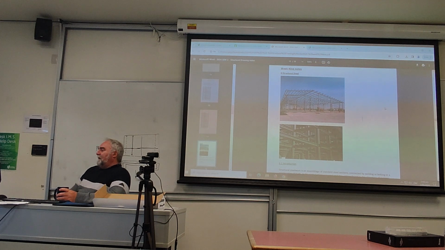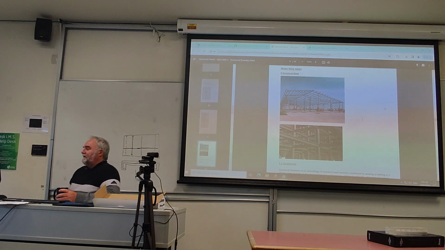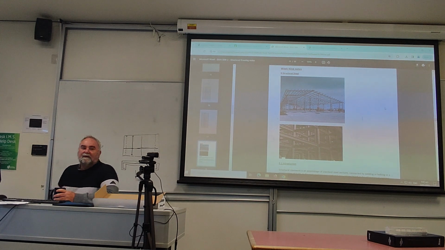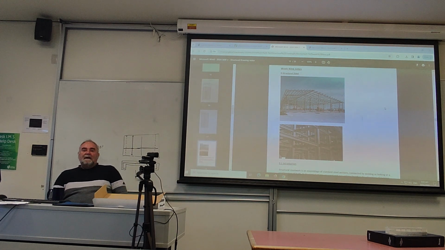Okay, structural. Well, basically, structural steel is any building, any structure that's made partly or wholly by steel. There are some pretty good advantages in it.